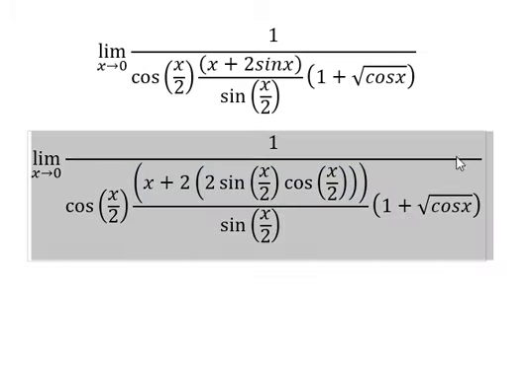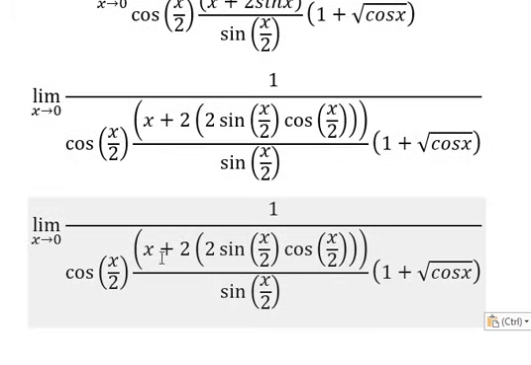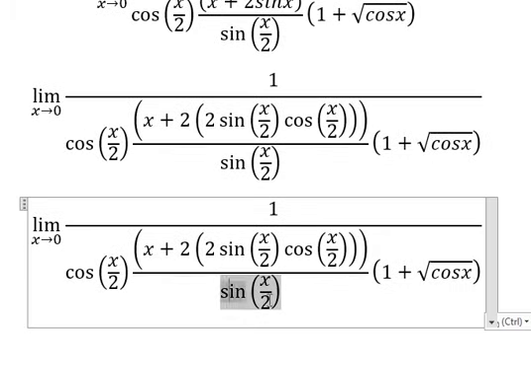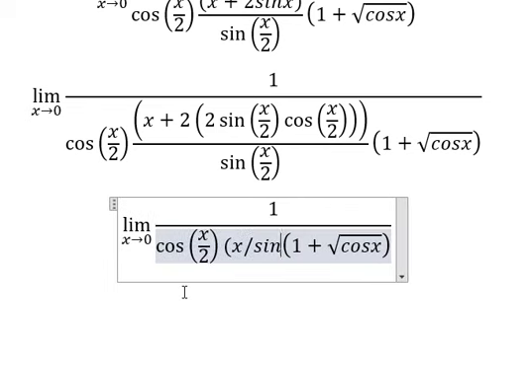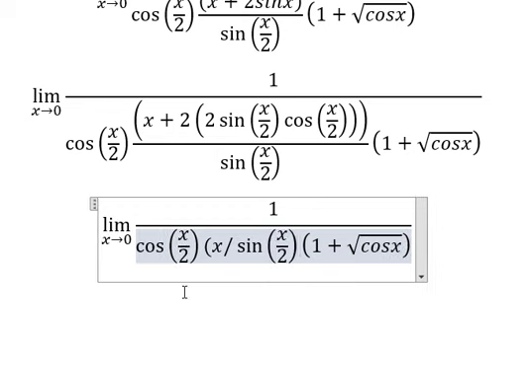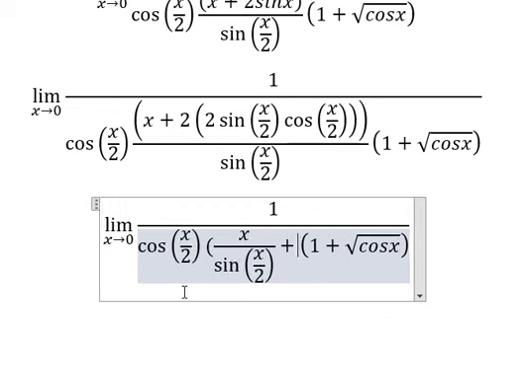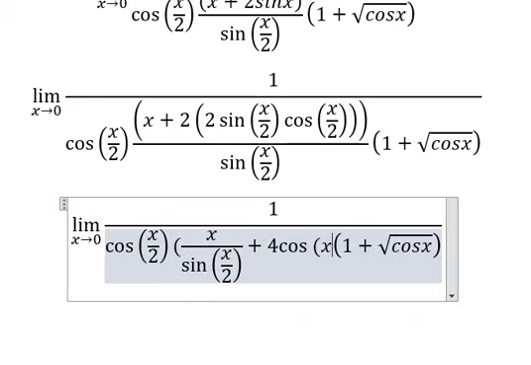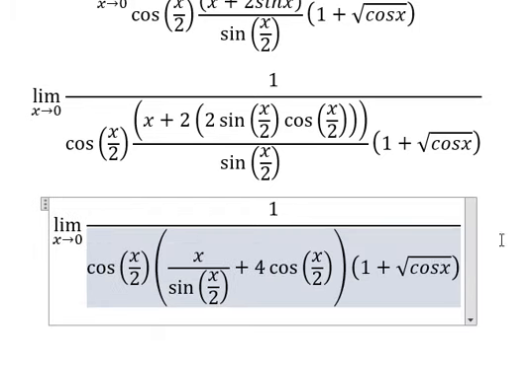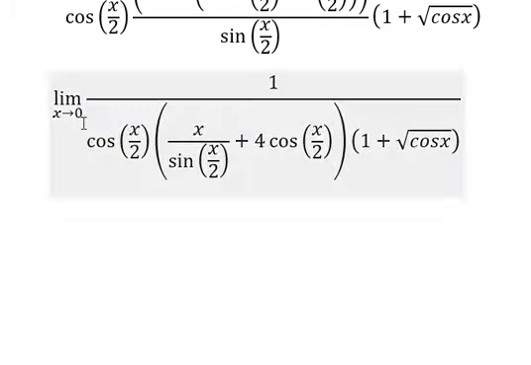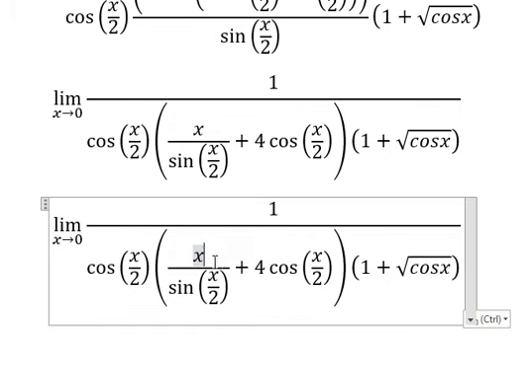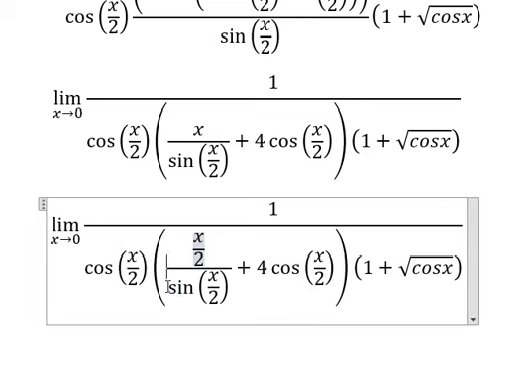So in this situation, we have x divided by this one, and sine of x over 2 divided by this one, and we have like this. Next, about this one, we put 1 over 2 on the numerator and denominator.